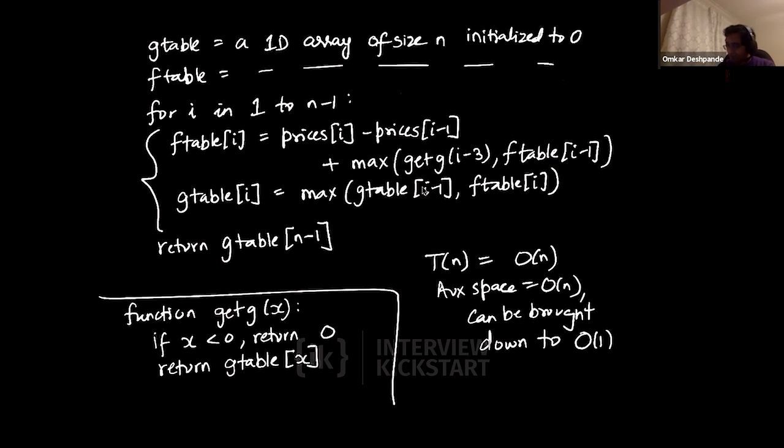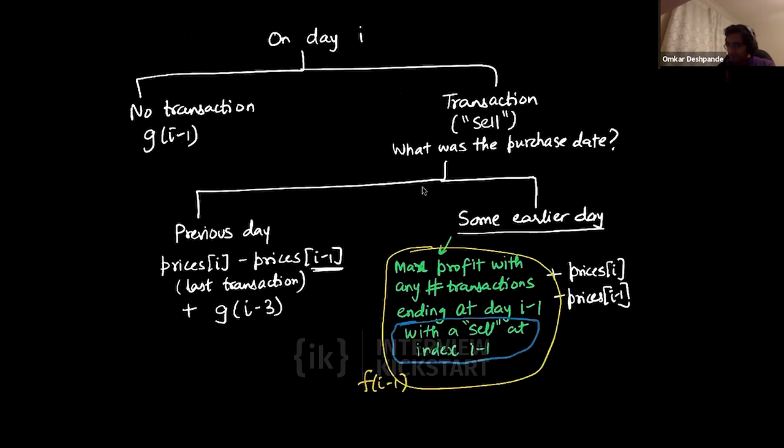So here, if I'm at index I looking at a sell event that happens on index I, when did the buy event happen?